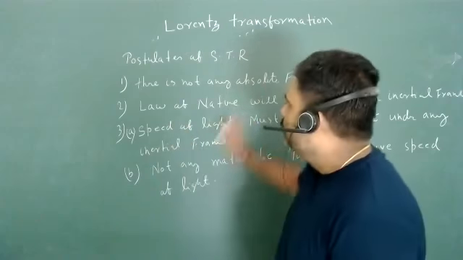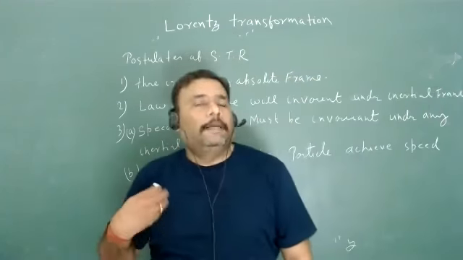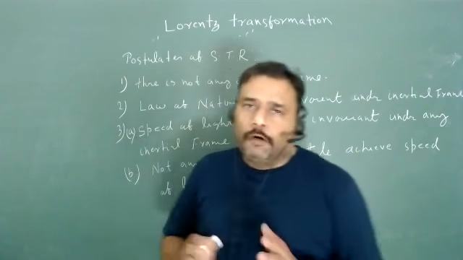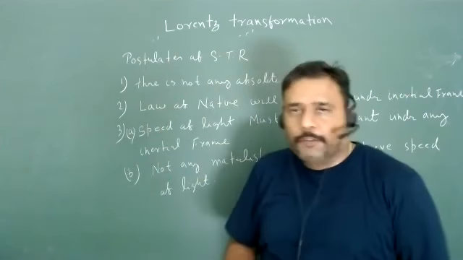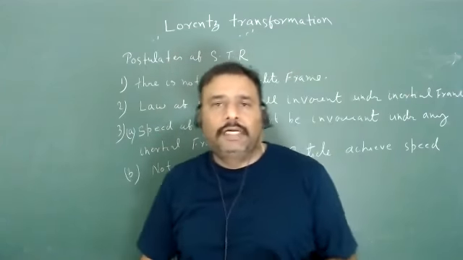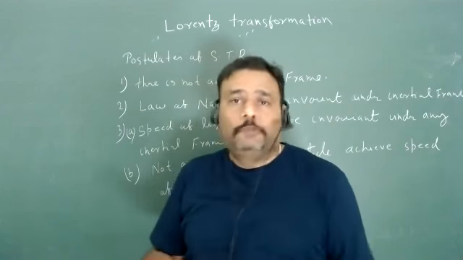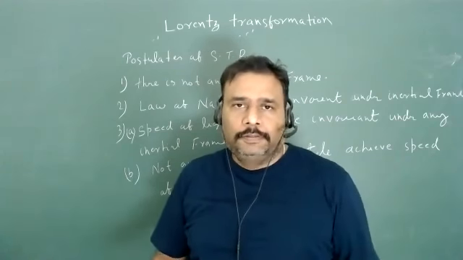So these are all our postulates. Whenever we apply the theory, we should always keep these postulates in mind. Suppose any particle has some mass m, and somebody tells you it has a speed of 2c, he is absolutely wrong. It cannot happen. Never.